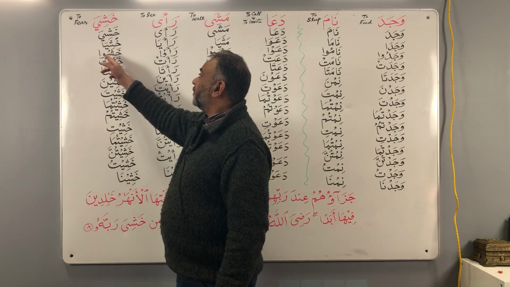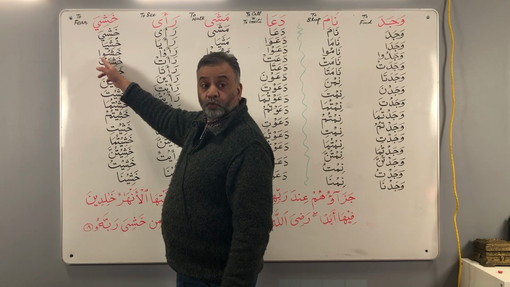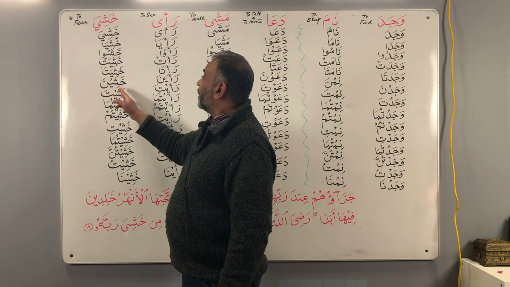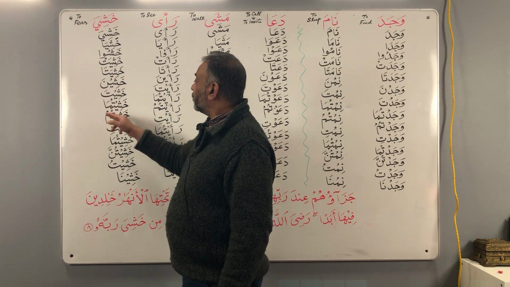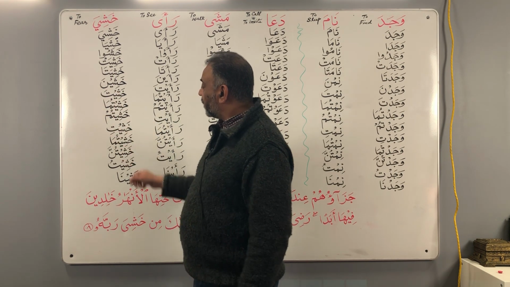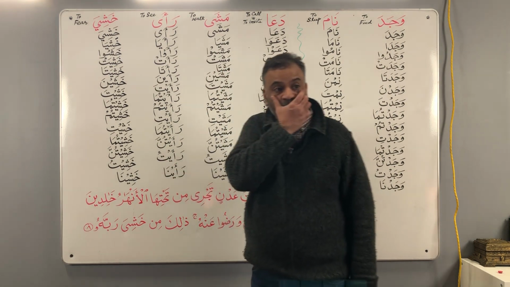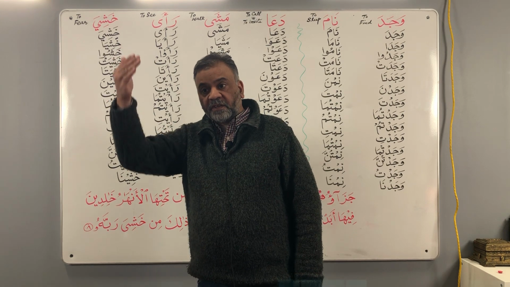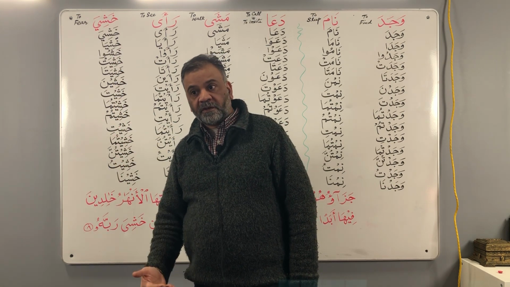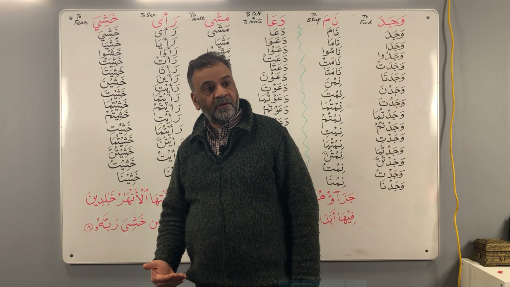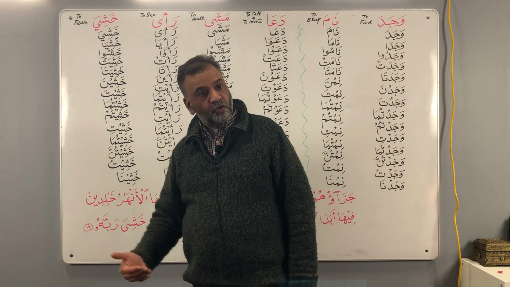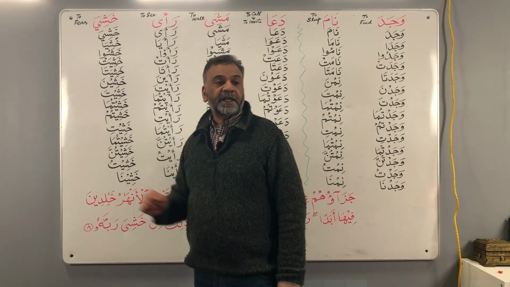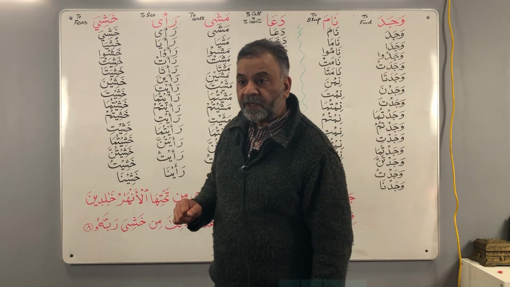Khashiya, khashiya, khashu, khashiyat, khashiyata, khashina, khashita, khashituma, khashitum, khashiti, khashituma, khashitunna, khashitu, khashina. Right? The ayn kalima has a kasra all the way through nahnu, because it's a complete ya.